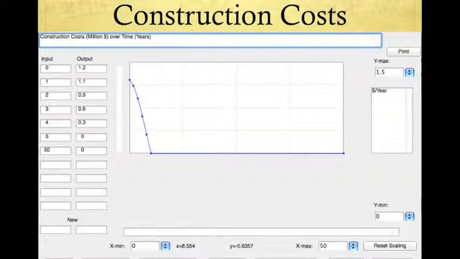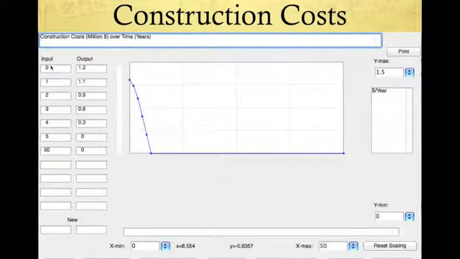In this case, this is a very simple situation. You have here the construction costs, and in Vensim, this particular project model was set up by having an input table where you have time here, and these are the costs, I guess in millions of dollars, over time.